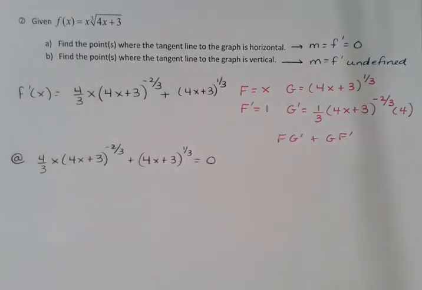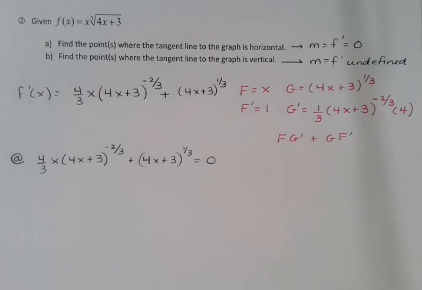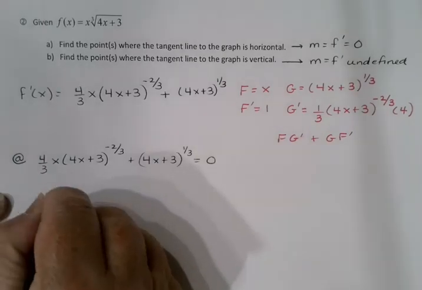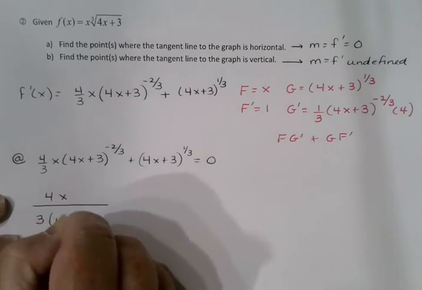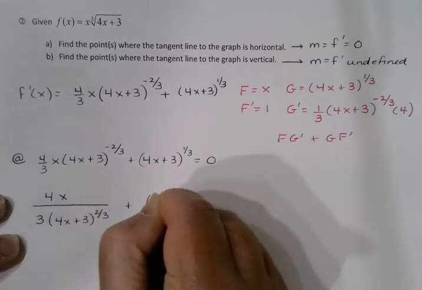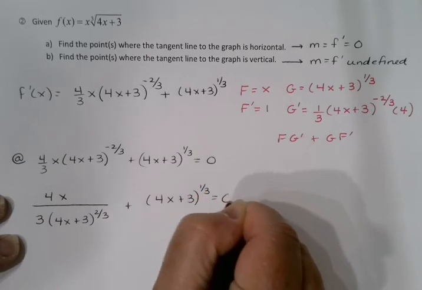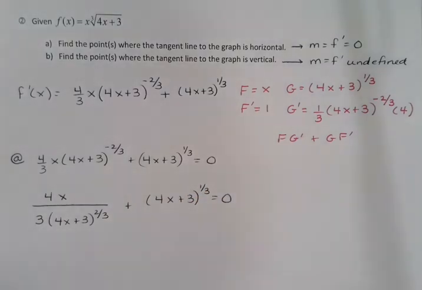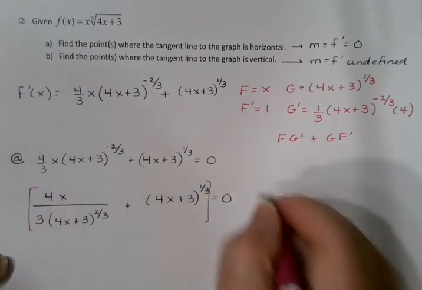And this is something we actually looked at before. This negative 2/3 power is actually a 2/3 power in the denominator. So if I were to rewrite this and put this as 3 times (4x plus 3) to the 2/3, kind of helps me see what I want to do when I clear my fractions in the next step. So if I want to clear my fractions out of this equation, I'm going to multiply both sides by this denominator.